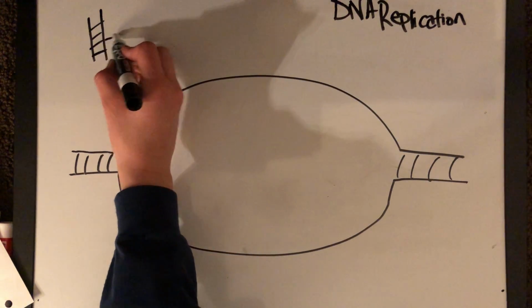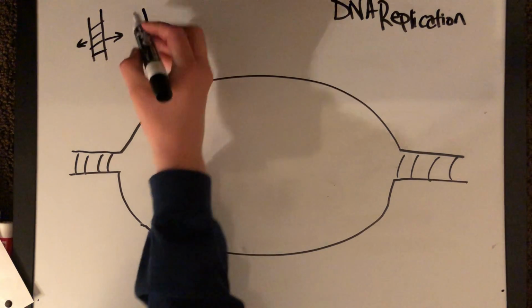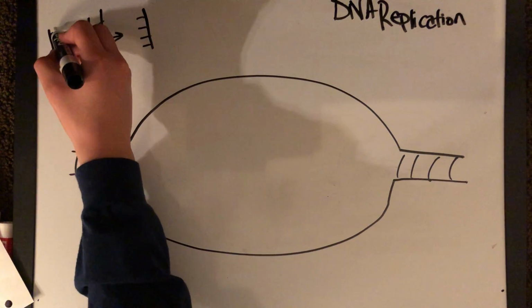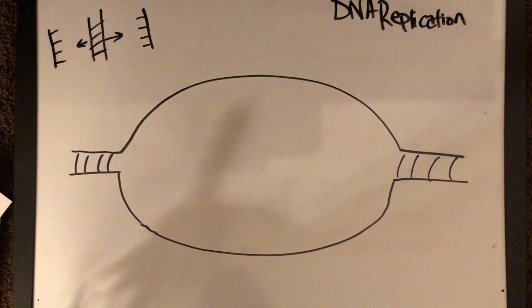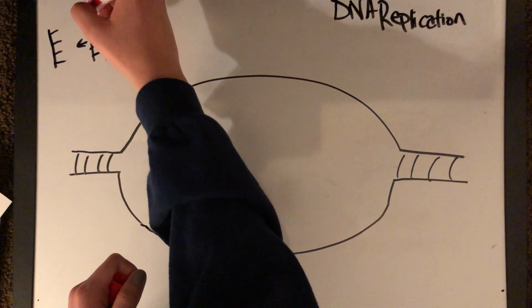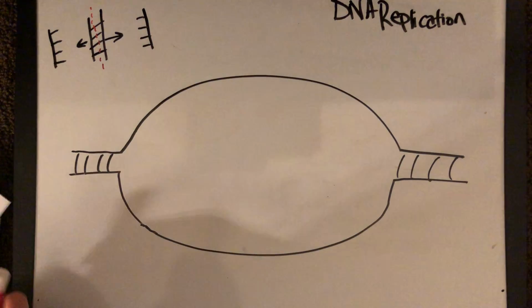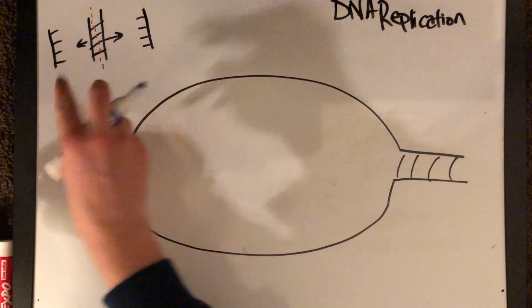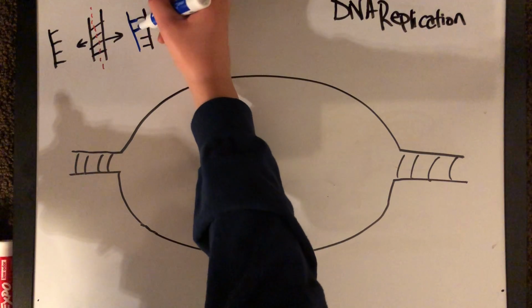And we are going to split that in half. Okay, so we are splitting that in half down the middle here. Sorry, that's not perfectly centered, but you get the point. We're splitting it down the middle, and then each half gets a new half.